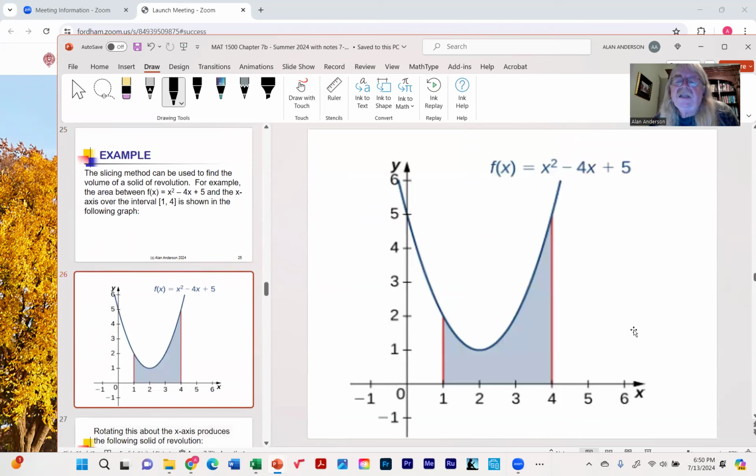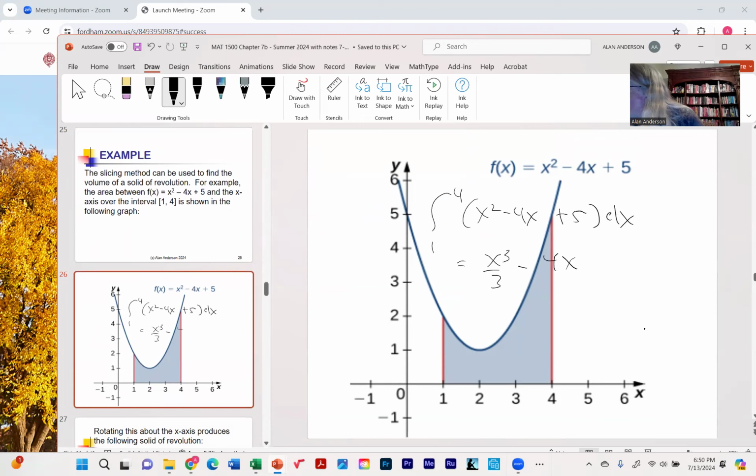Let's see. Let's take this one, for example. Now, earlier we did problems just like this. If I just wanted to know the area under this curve, it would be a simple matter of integrating this function, right? I would use the power rule to come up with x cubed over 3 minus 4x squared over 2 plus 5x.